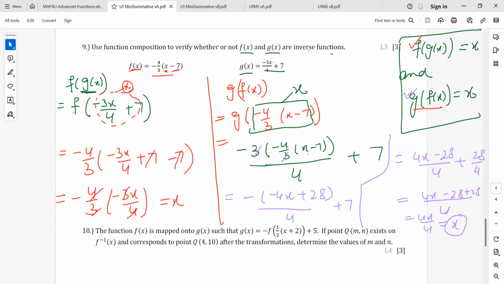So both of the conditions are satisfied. So we can say that the functions f of x and g of x are inverses of each other.